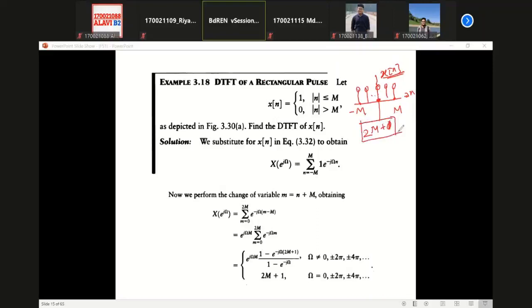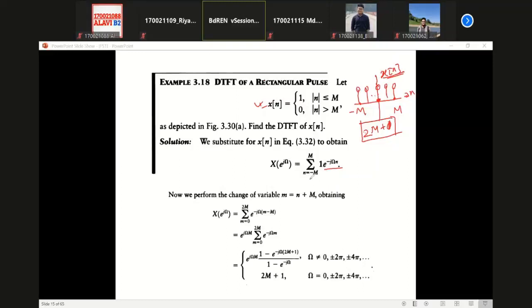Now your thing is very simple. If you want to Fourier transform it, the amplitude is equal to 1 and it is e to the power minus j omega n, the general formula. Your sum will be from minus M to M. But if we have this type of sum, sometimes we can evaluate it, but in other cases you can change the variable to use the general formula of the sum.